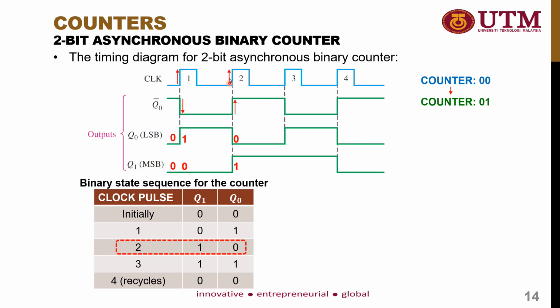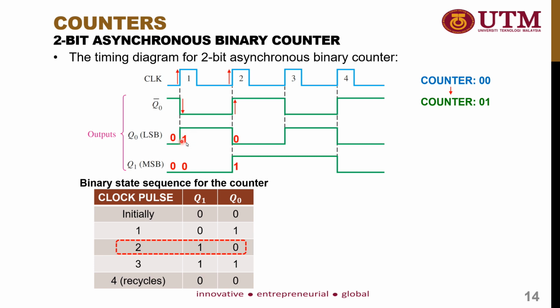When the clock is at the rising edge of the next cycle, because the previous Q0 is 1, it will toggle to 0. You see here, both pulses are rising, so it means that both outputs Q0 bar and Q1 are changing.